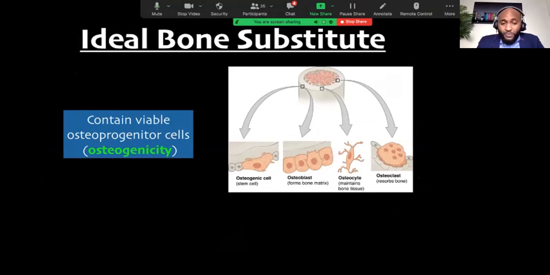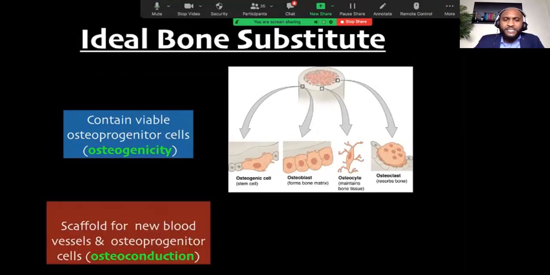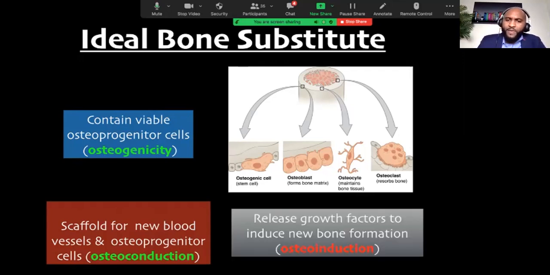Another good property that a bone material should have is that it should be osteoconductive. In other words, it provides a platform, a scaffold for new vessels and the precursor cells to occupy. Another important feature that a good bone substitute should have is it should be osteoinductive.